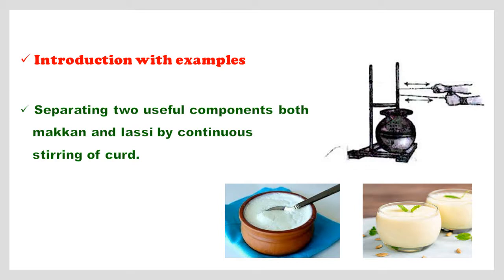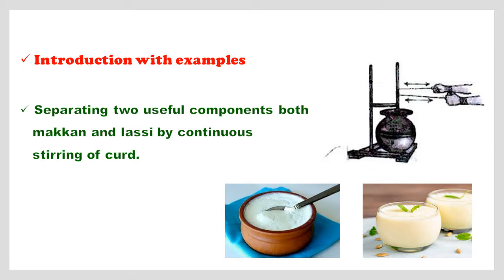Okay. So this separation is being done to separate two useful components. We use both butter and lassi. We want to eat makhan and we want to drink lassi also. That's why we are separating these substances by continuously stirring the curd.